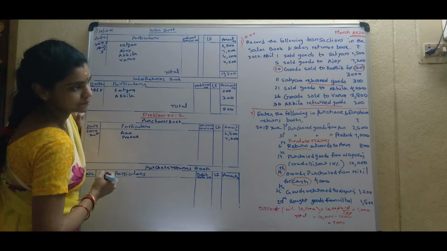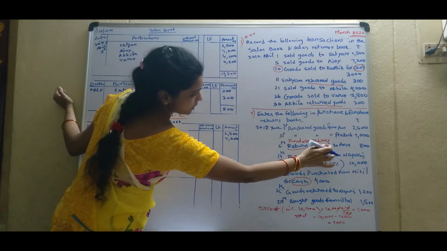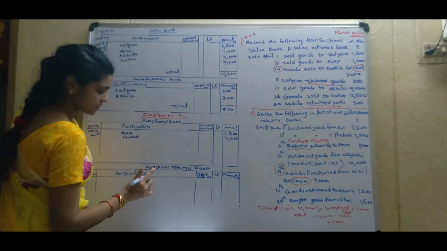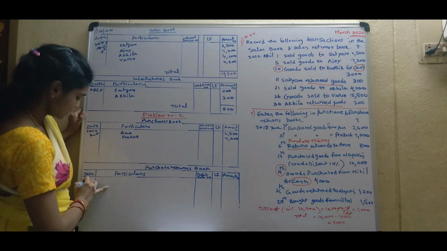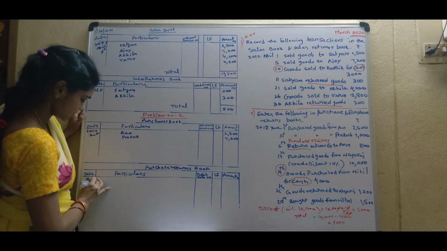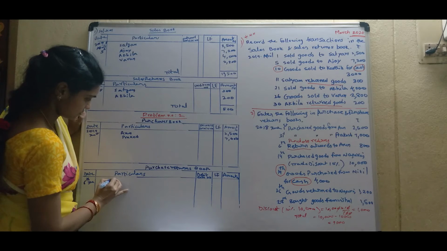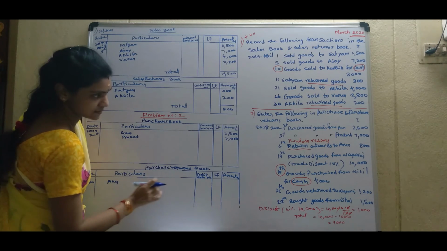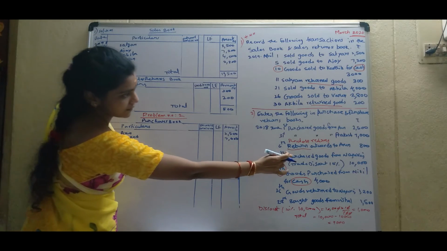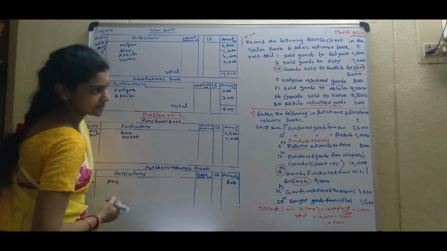And next, return outwards to Arun. It comes under purchases return to Arun. What is the date? 6th June. Arun. Here purchases, here returns. 800.